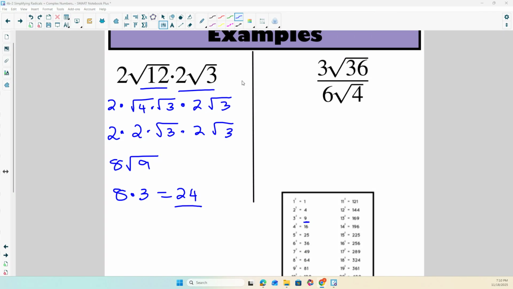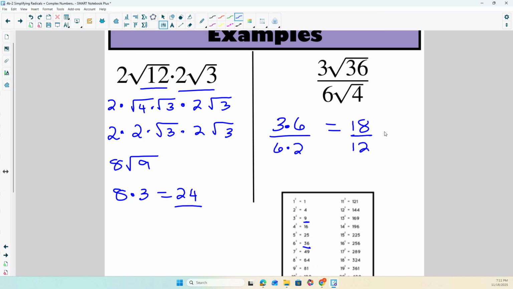All right, in this example, you have 3 times the square root of 36 divided by 6 times the square root of 4. 36 is a perfect square. The square root of 36 is 6. So the numerator is the same thing as saying 3 times 6, divided by 6 times the square root of 4, which is 2. 3 times 6 is 18. 6 times 2 is 12.